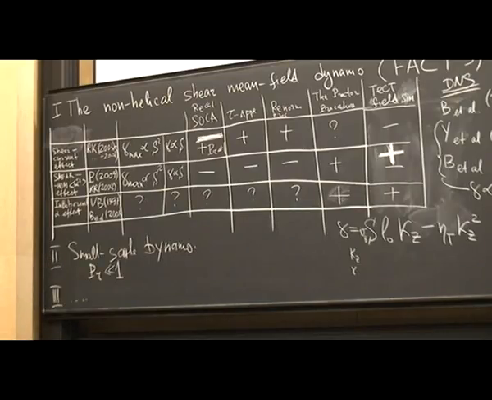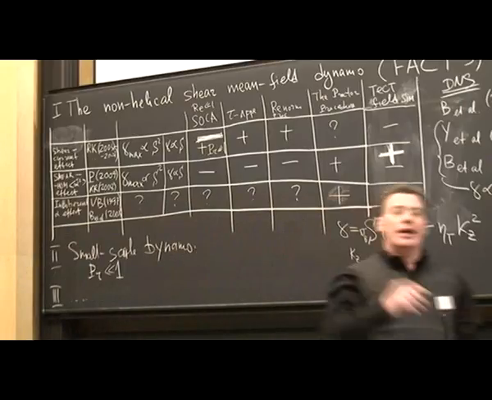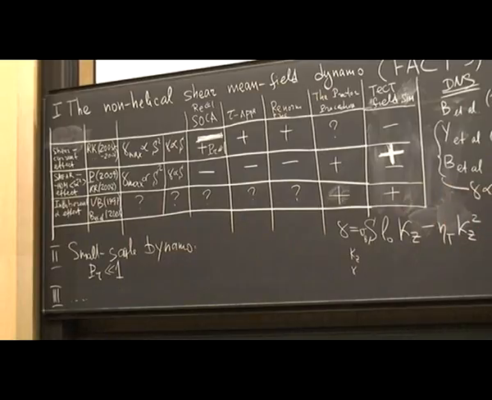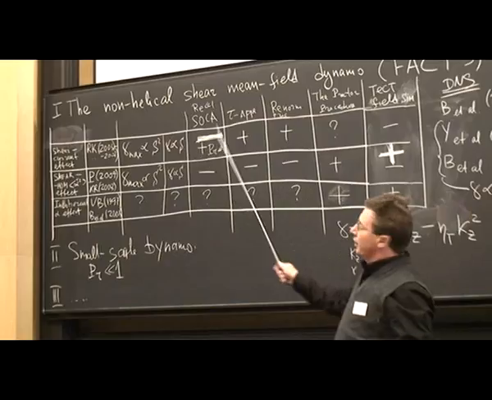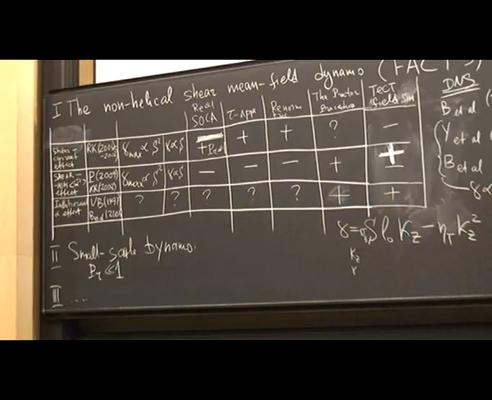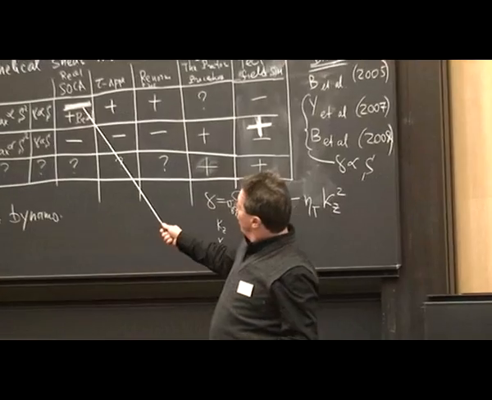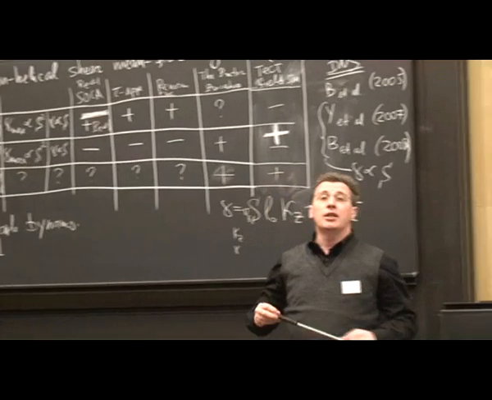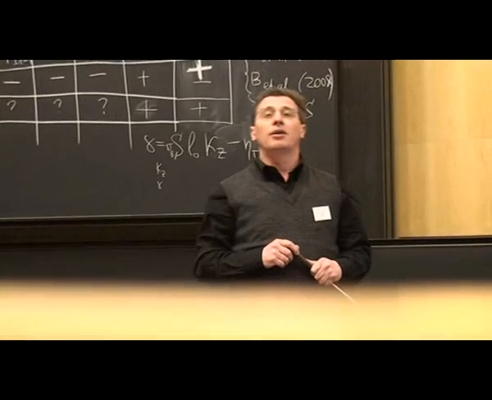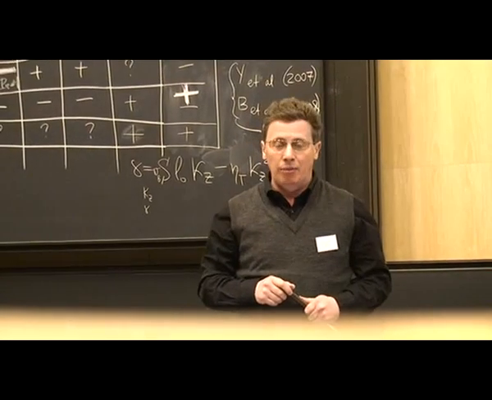Maybe you should clarify this result by Günter Rüdiger and Kitchatinov. I thought they have a minus. In their paper, this conclusion is not clear. But several times when we spoke with Günter Rüdiger, he told us that he personally found generation of large-scale magnetic field in the presence of small magnetic Prandtl number.